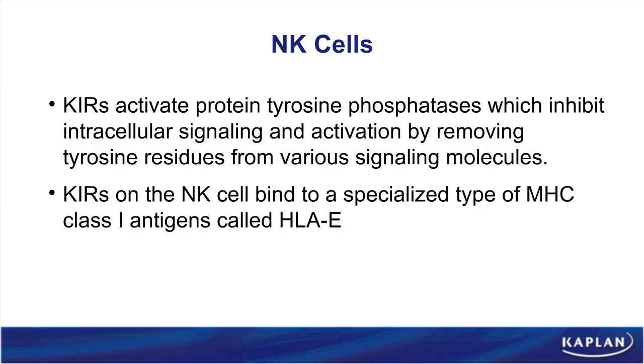The inhibitory receptors on the natural killer cells bind to a specialized type of class 1 antigen called HLA-E. Now, Dr. Ali did not talk to you about HLA-E because this is not a traditional type of class 1 molecule, but you're going to see the unique and cool role that HLA-E has in the immune system and in natural killer cell killing.